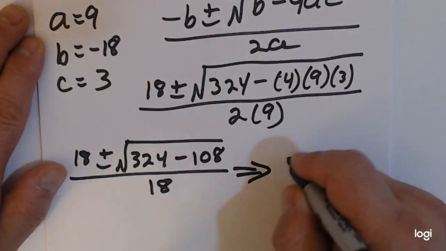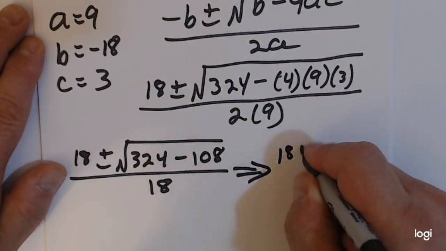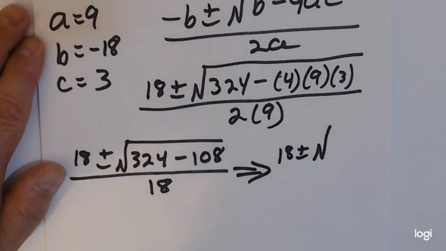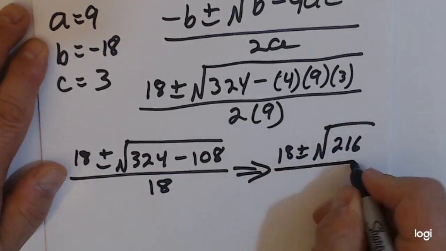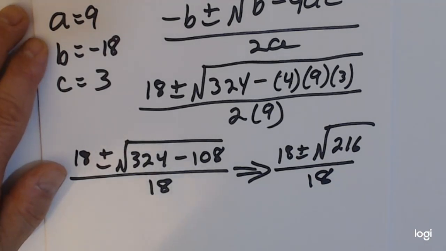And that's going to give us 18 plus or minus the square root of 324 minus 108, which is 216, all over 18.